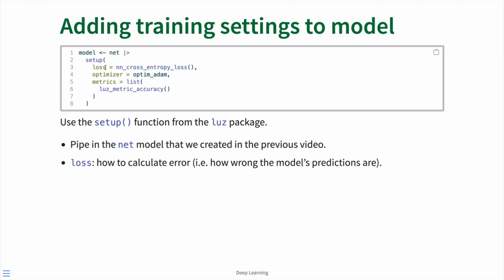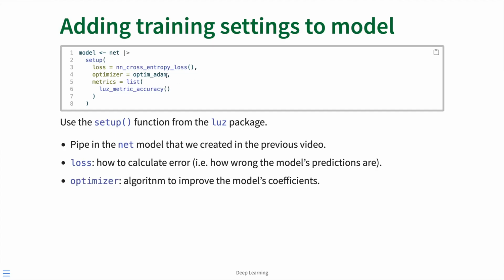Then the loss argument we use to specify how we calculate the model's inaccuracy, its error, how wrong it is with its predictions. We're using this function here, which uses something called cross entropy as a way of calculating the inaccuracy.